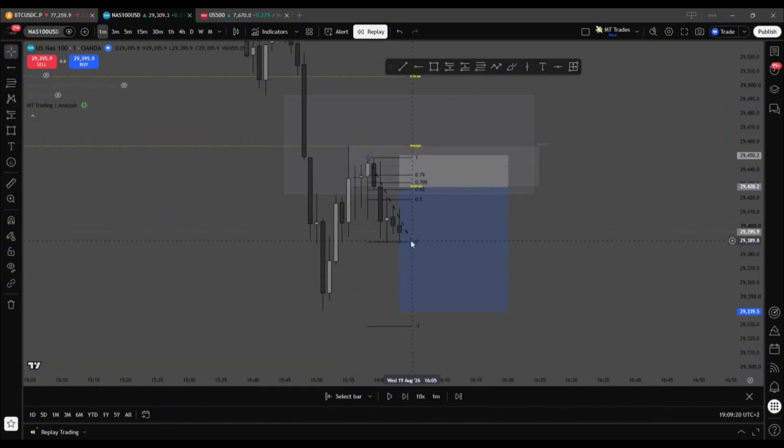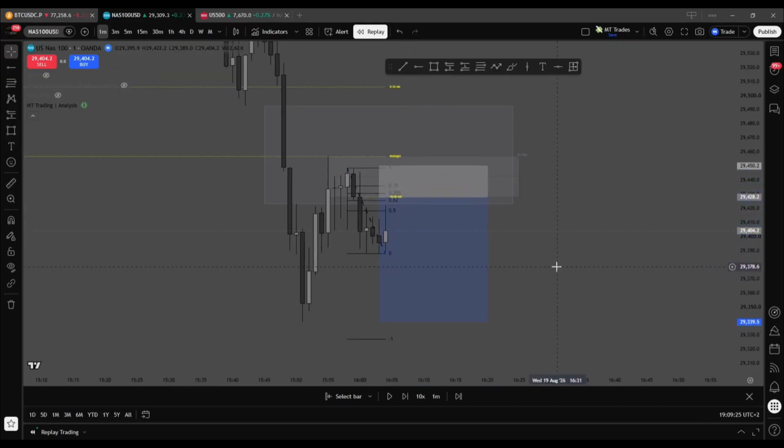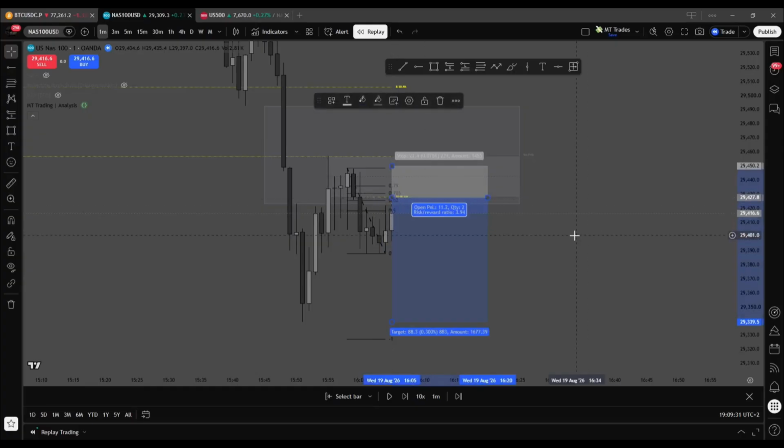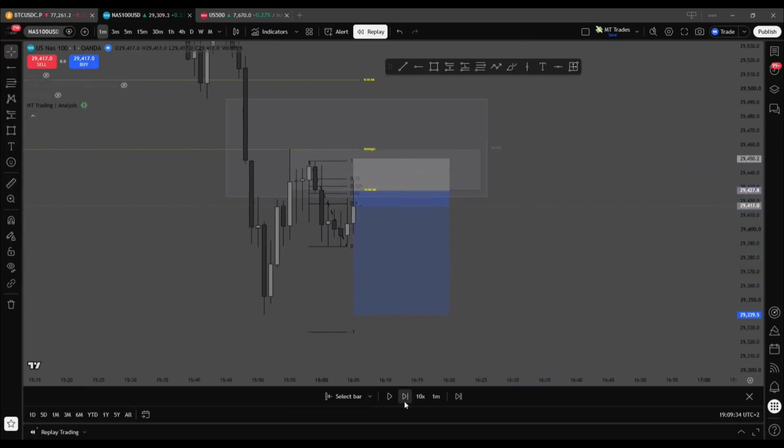Now if we play the price forward, we went a little lower and then started retracing back to the 10 a.m. This candle tags our limit order, putting us in the trade. And now we play the price forward a little bit.